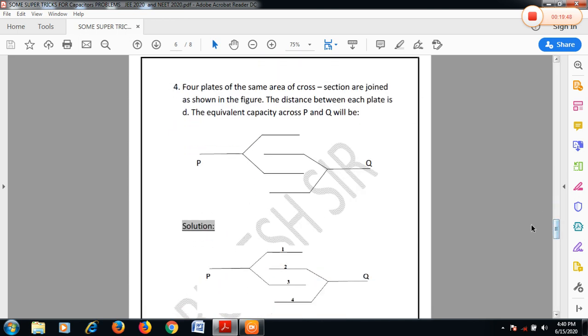Okay, so let us move forward to the fourth problem. Okay students, the fourth problem is a little bit trickier. Here again all the capacitors are identical, and we need to find the capacitance across P and Q. Again, like previously, we have numbered the plates 1, 2, 3, 4.